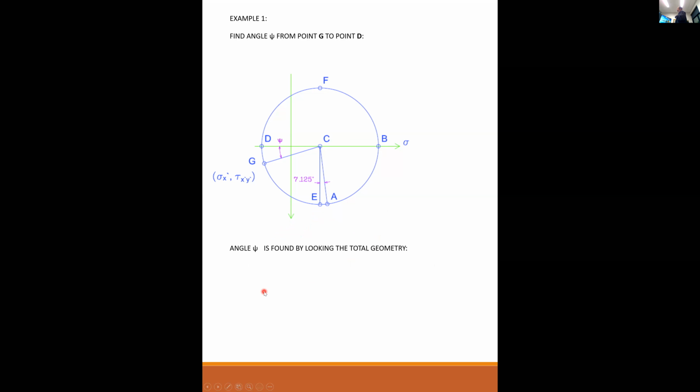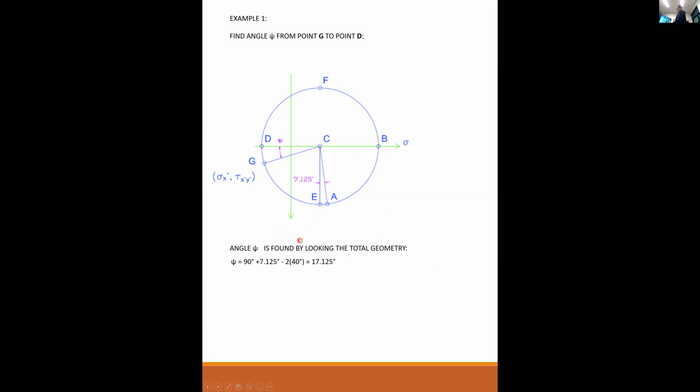Okay, so now what we're going to look for is psi. I want to find psi because once I have psi, then that gives me down and over from this horizontal axis. So psi is found by looking at the total geometry.